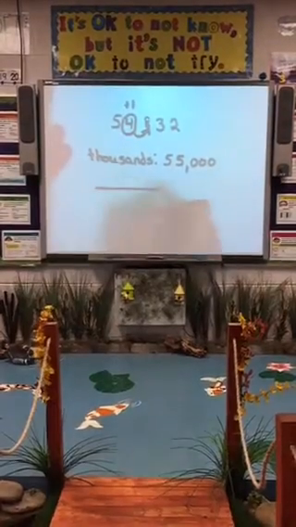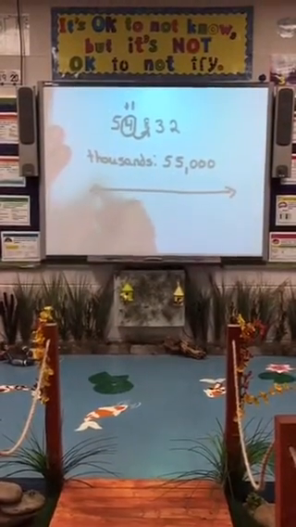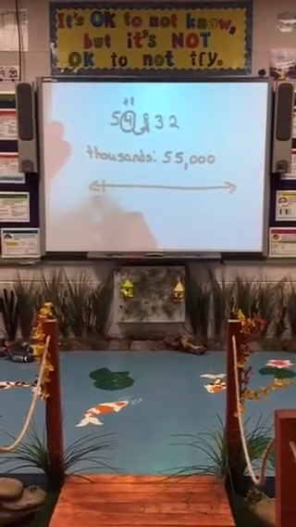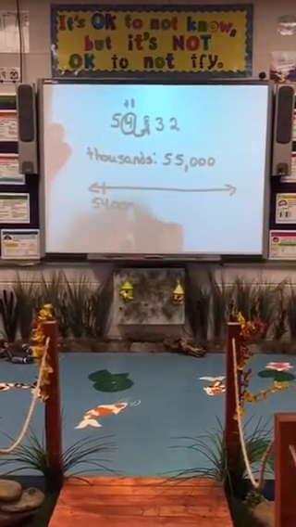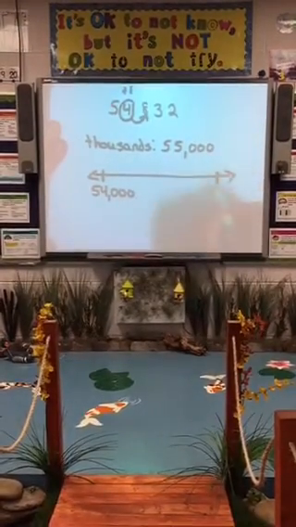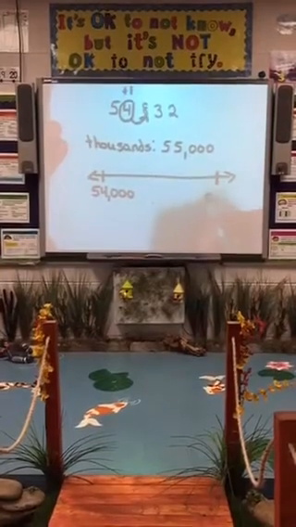Alright, on a number line, if I was rounding down to the nearest thousand, it would have been 54,000. If I was rounding up on the number line, it would be 55,000.